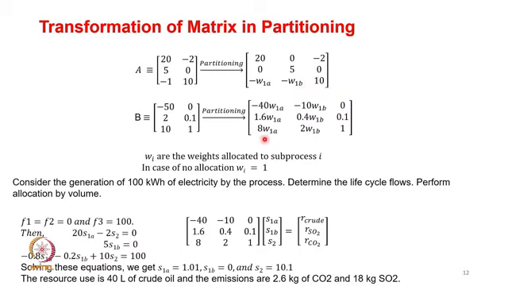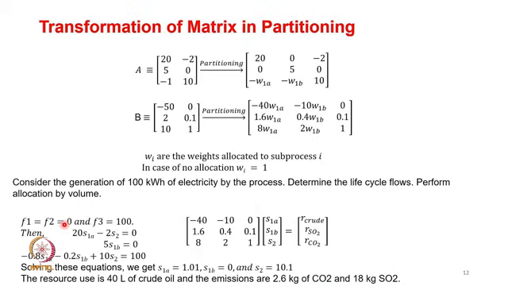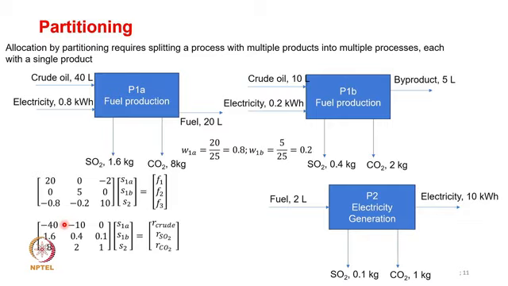And similarly for the environmental flow, you can see that minus 50, 10, 2.1, 10, 1 has become of this particular structure, because this was the original structure, fine. Eventually it is now looking like this. So this is how we wanted. This would eventually result in partitioning the matrix. So the Ws are the weight allocated to each of the sub processes, fine, and if there is no allocation done, then by default this number becomes 1.